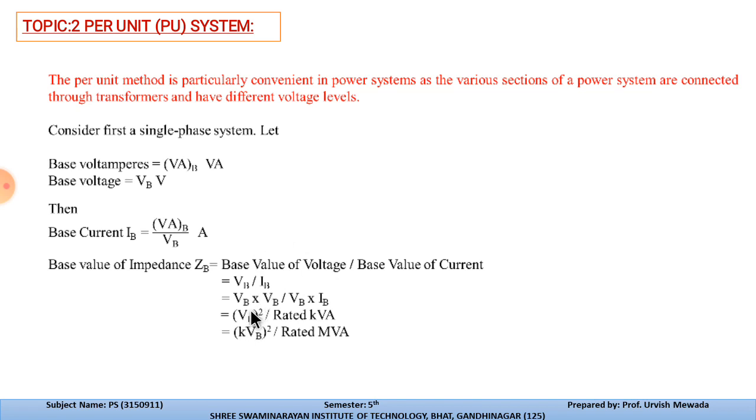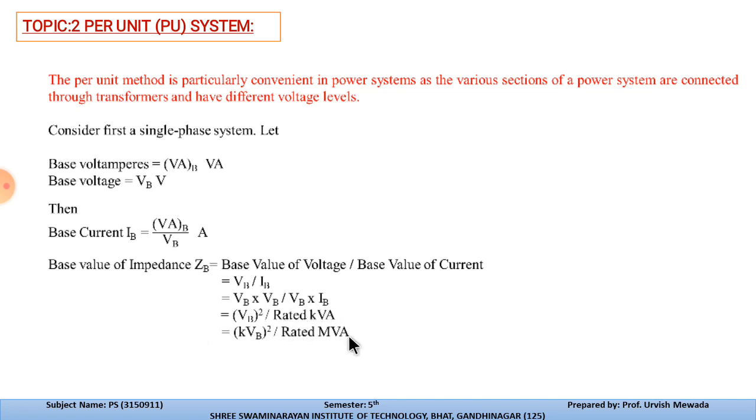Now VB divided by VB into IB gives VB square by rated kVA, or kVB square by rated MVA. This is how we can calculate the base impedance value using this formula.